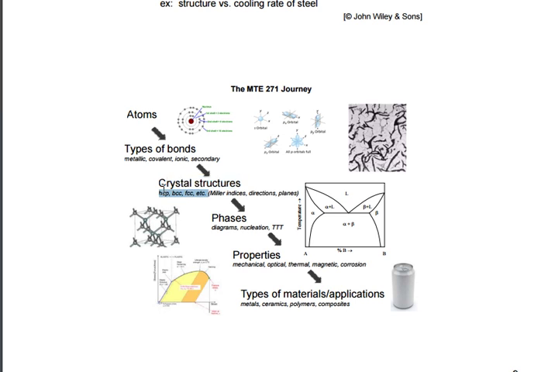After discussing the crystal structure, we will introduce different parameters like Miller indices: how to read the directions in the crystal system, how to read the planes. Then we will discuss the phases. We will learn about the different phase diagrams, what nucleation is, what TTT is.